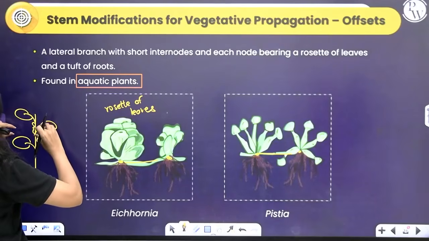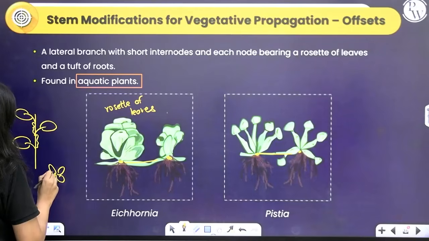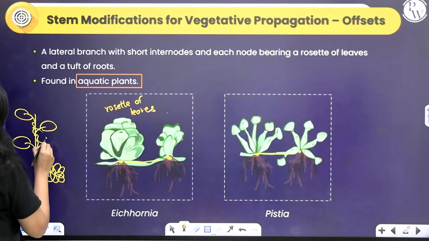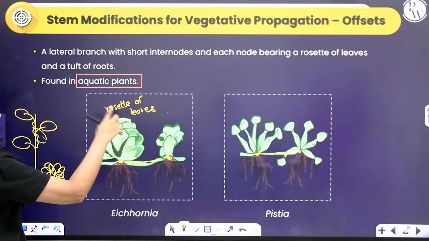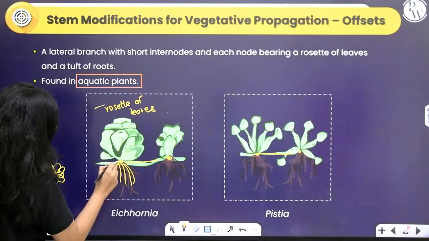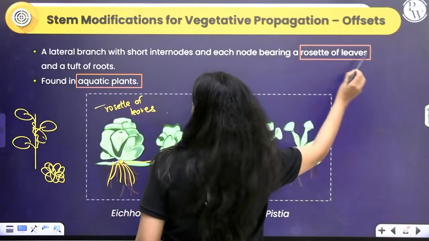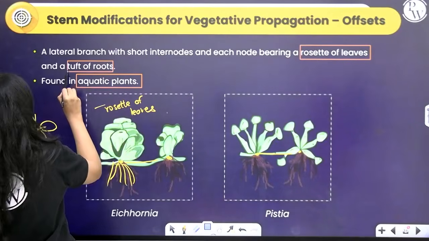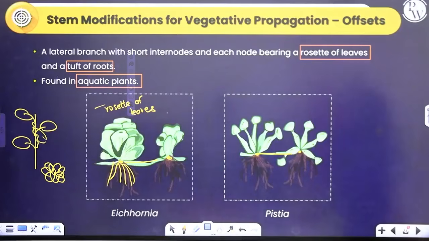Imagine all the internodes have condensed. It will appear like the leaves are arising from a common point. So if leaves are developing like that, where the internodal length is highly reduced, we call it a rosette of leaves. So on top you will have a rosette of leaves, and at the bottom towards the base you will have a tuft of roots. If it bears a rosette of leaves and a tuft of roots, we call it offset. Eichhornia is a very good example. Pistia also is an offset only.